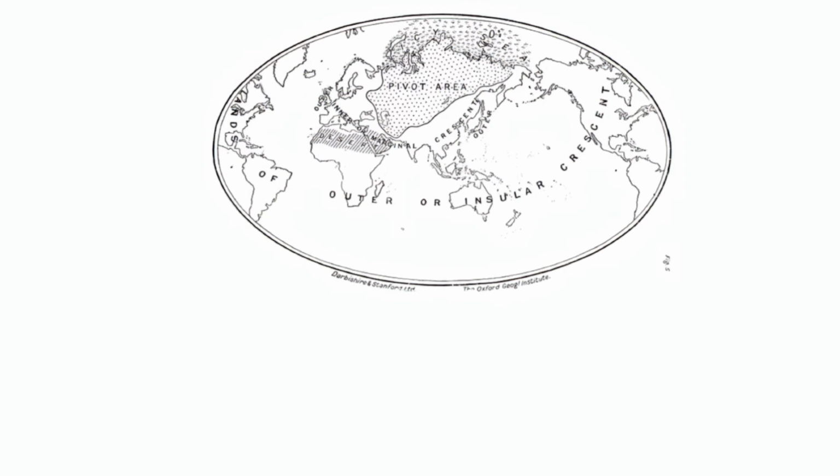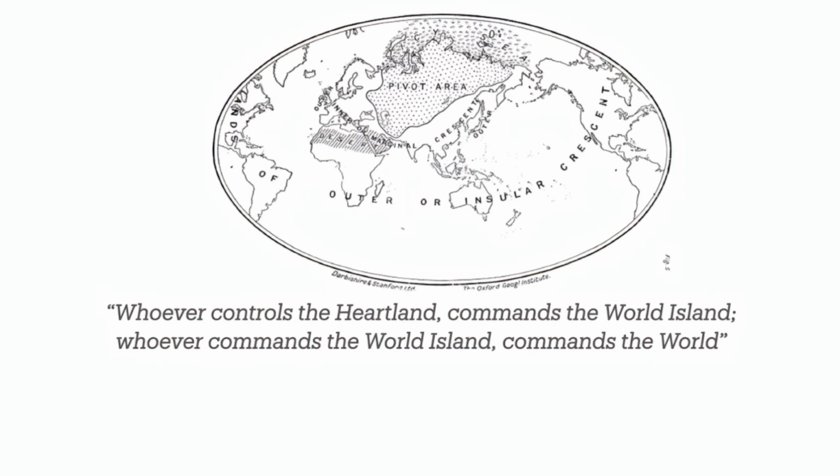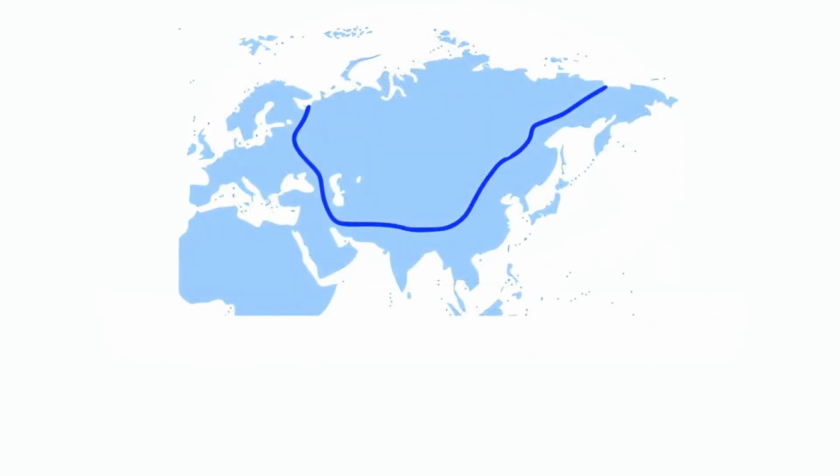Mackinder's famous summary was: "Who rules East Europe commands the heartland. Who rules the heartland commands the world island. Who rules the world island commands the world." While the heartland was hard to attack from the outside, it was rich in fuel, metals, wheat and cotton, and increasingly tied together by railways.